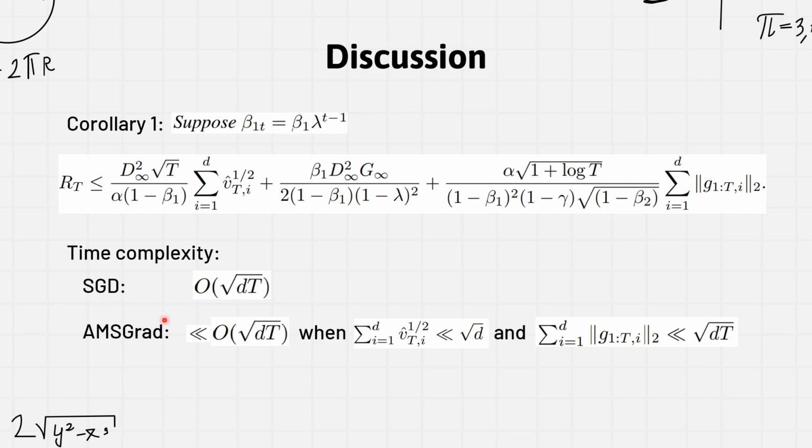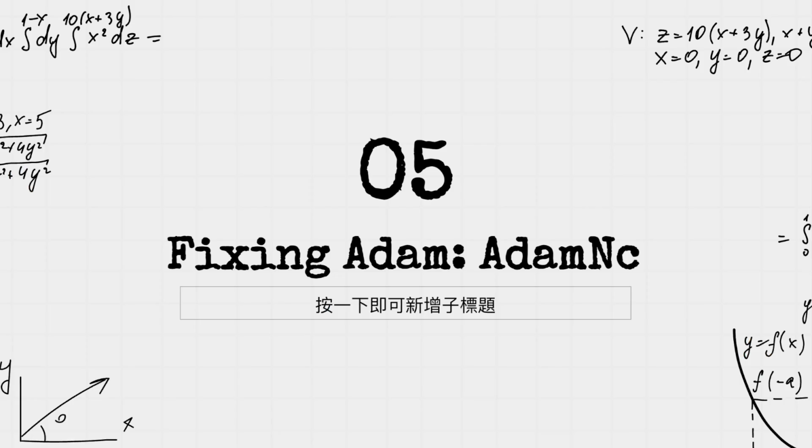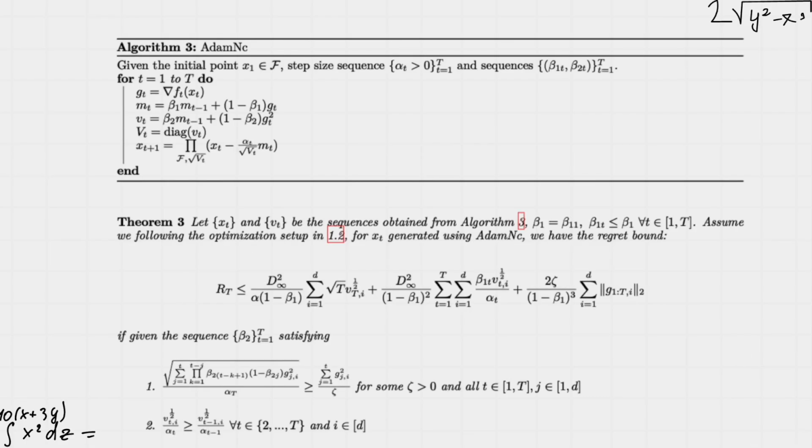And see theorem 2. Even if we use a modest momentum decay on beta 1, it still has the complexity of root dt. The paper also proposed a method to fix Adam, and we name it as the Adam NC.